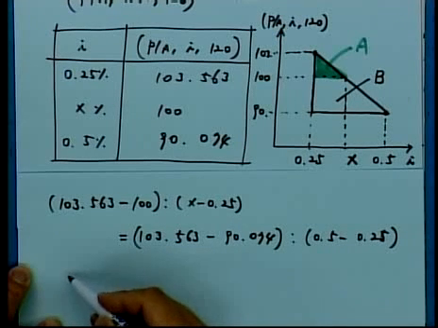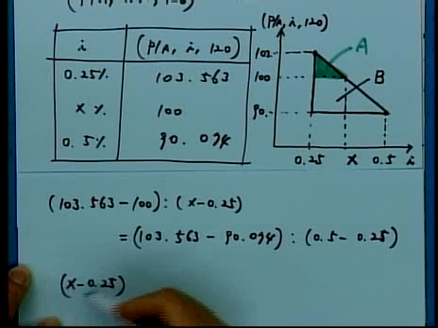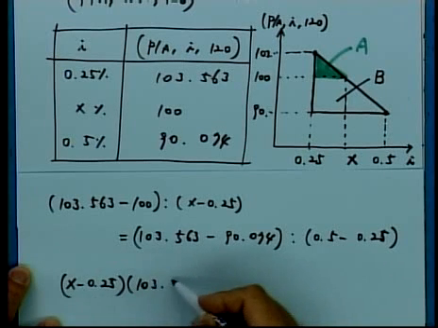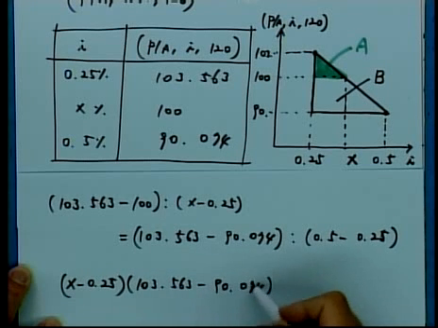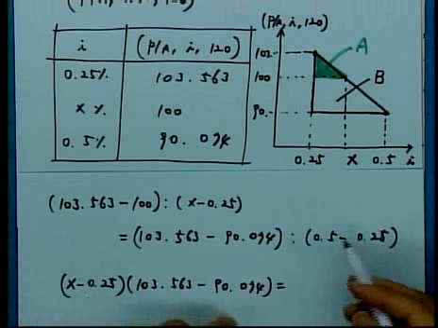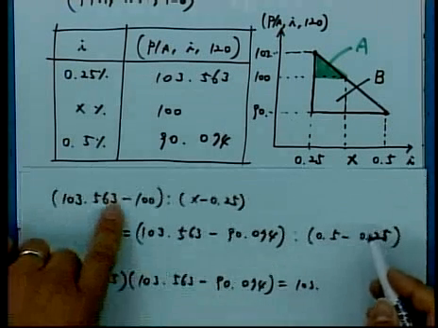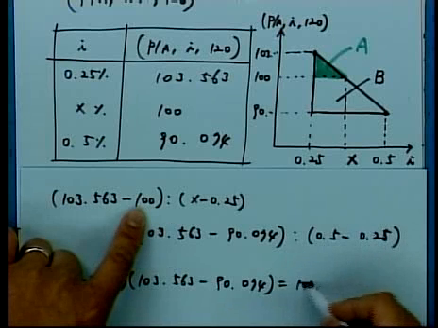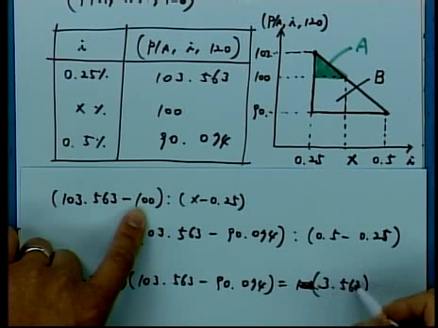So x minus 0.25 times 103.563 minus 90.074 equals 103.563 minus 100. Well, there is 3.563, right?